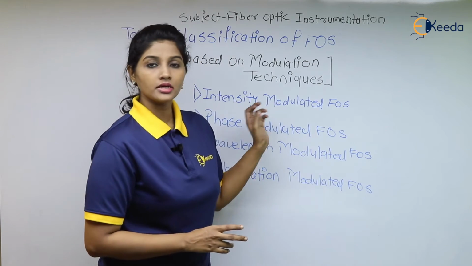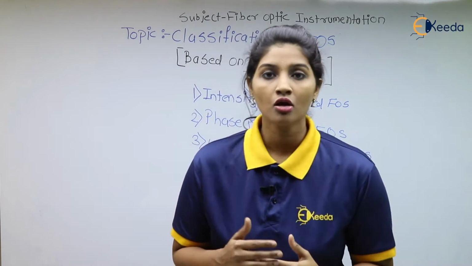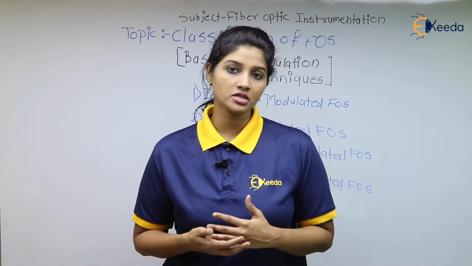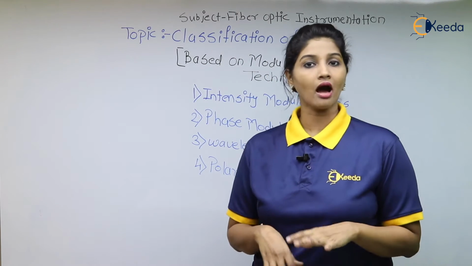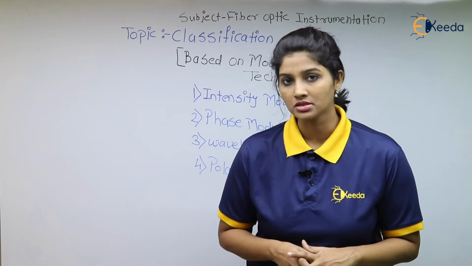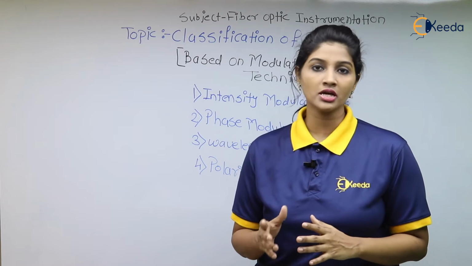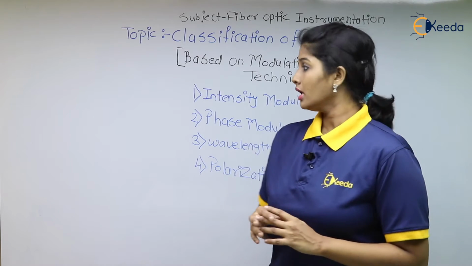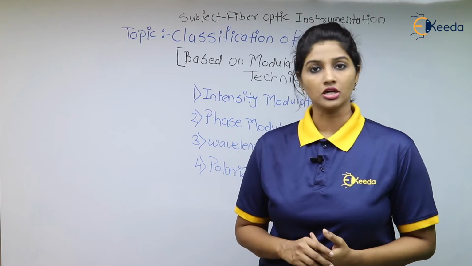In short, the intensity modulated sensors are simple in construction and easy to handle, in which the intensity of the signal gets varied. Phase modulated fiber optic sensors are difficult to handle and complex in design, but at the same time they provide very high sensitivity and high resolution, and in them the phase of the signal gets changed.